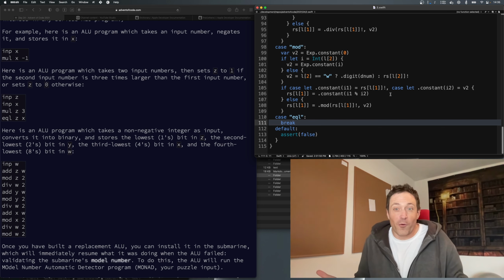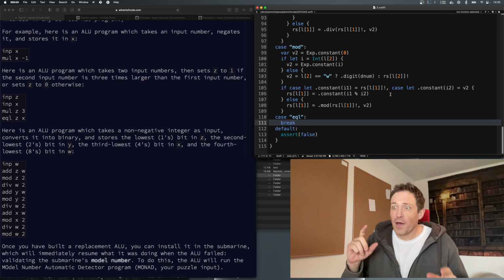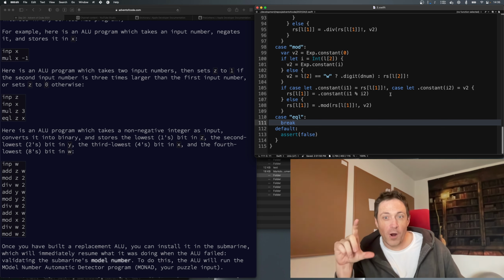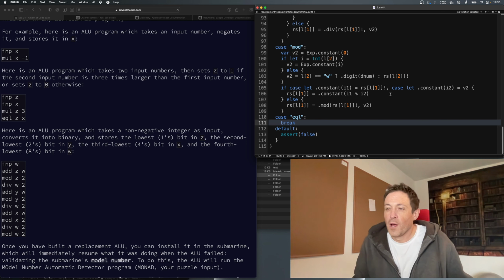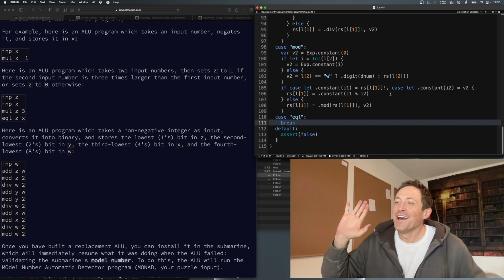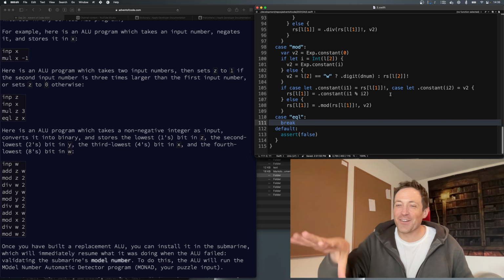We're on day 24, so building a virtual machine is clearly a waste of time because we are only ever going to run one problem through this machine. I assume. I don't know what's in part 2.